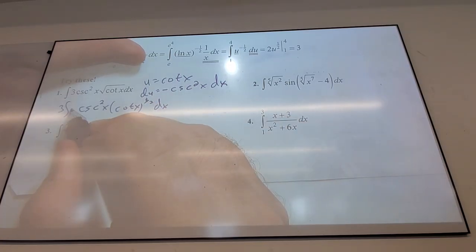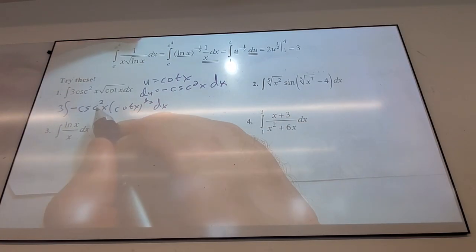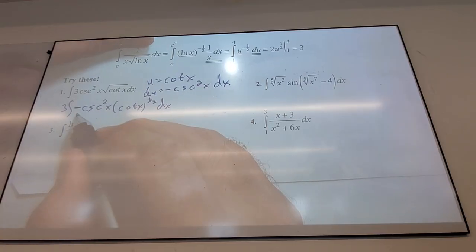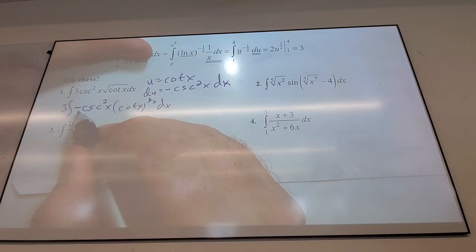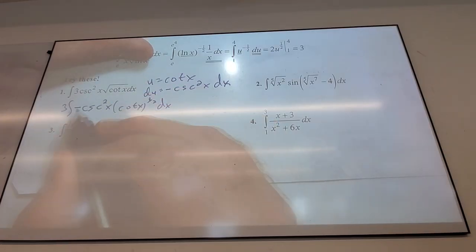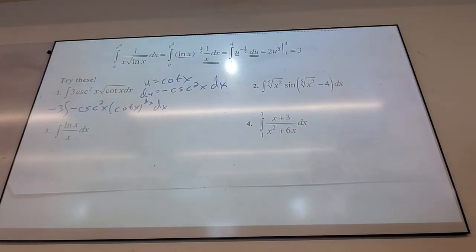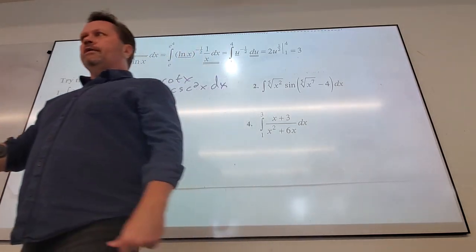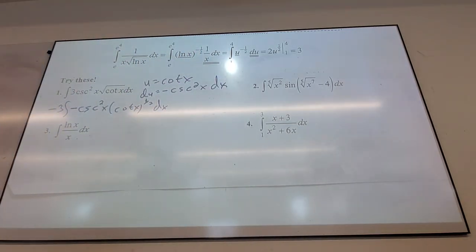How can I just put a negative here? Distribute. What do you mean by that? If I put a negative here, I better balance it. There's only one term on the inside. Whatever I multiply or divide the inside by, I've got to balance on the outside.